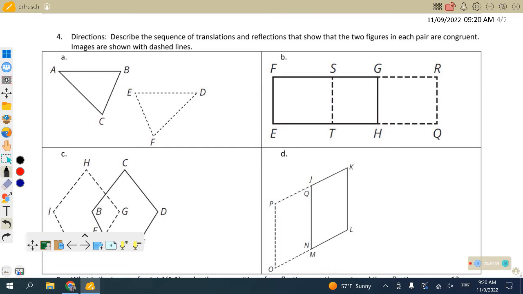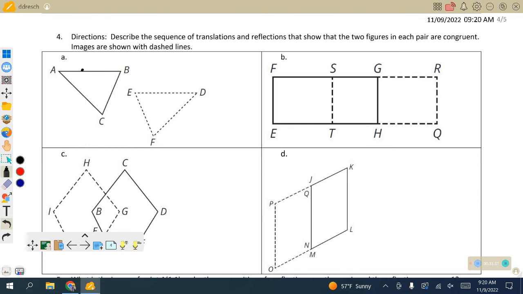Possibly a translation, but I also might have to say a reflection needs to happen in there. Now, as I'm looking at the shape of this triangle here, I'm pretty sure this has been reflected over, and then it looks like it's also been moved down a bit, right?